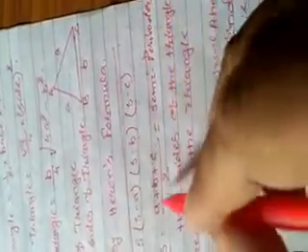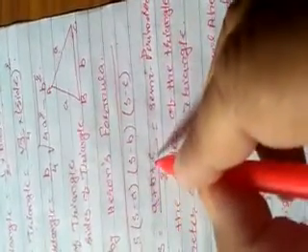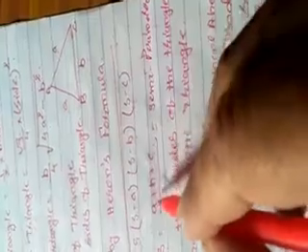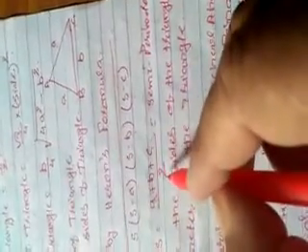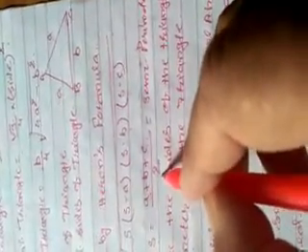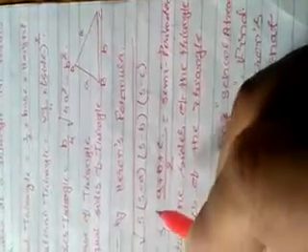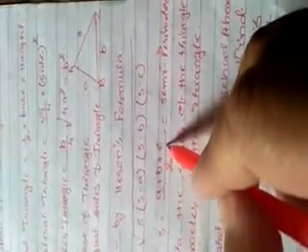Semi-perimeter is half of the perimeter, because the sum of the three sides of a triangle is called the perimeter. So whenever the perimeter is divided by 2, it becomes the semi-perimeter, and S represents the semi-perimeter of the triangle.